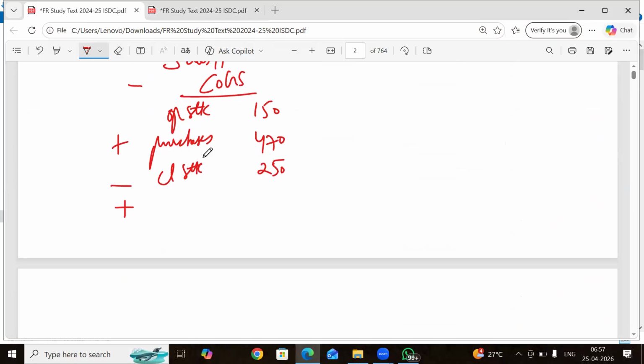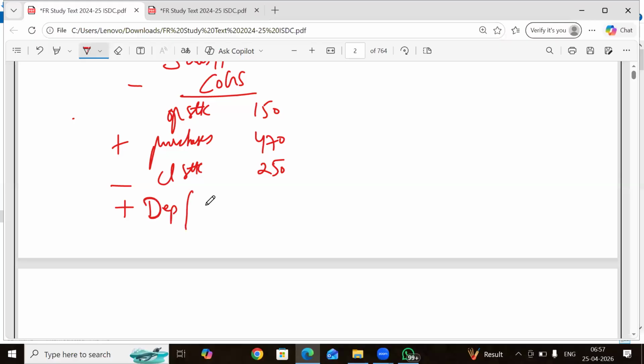Since it's an expense, it will increase the expense. 60% of 30, how much is that? 18.